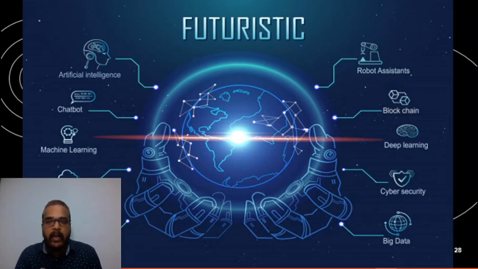Chatbot, blockchain, machine learning, deep learning, cloud computing, cyber security, cryptocurrency, big data. These are some of the new concepts or opportunities technocrats are talking about integrating into our teaching-learning process.